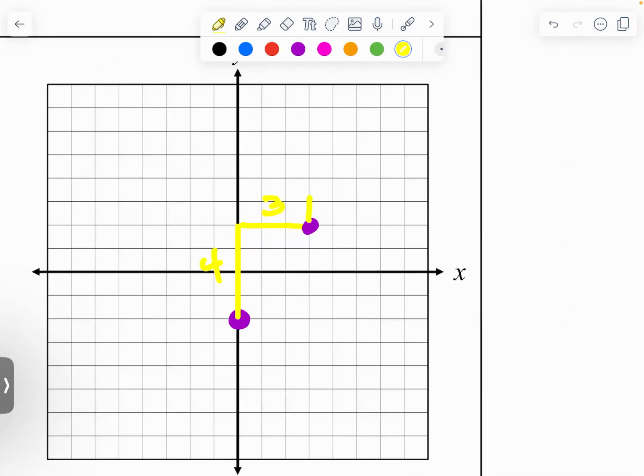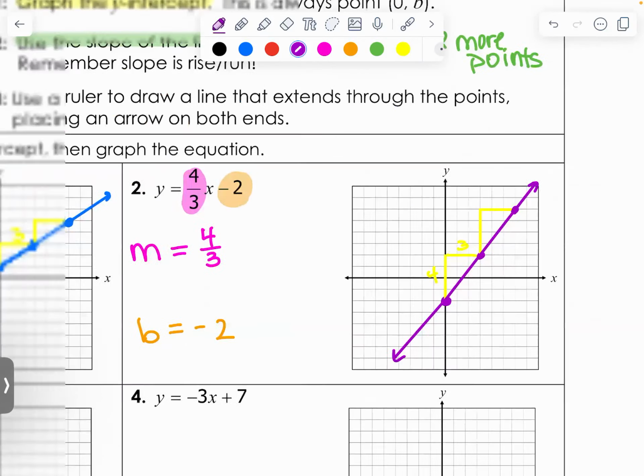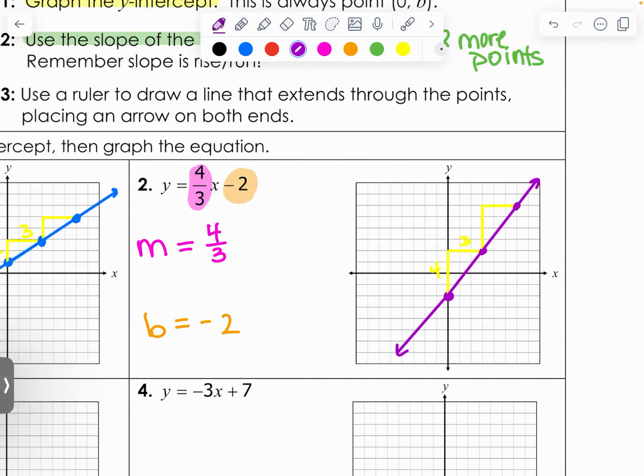Up 4, 1, 2, 3, 4. Isn't it beautiful? So B being negative means we're down here. And the slope being positive means we have to rise.